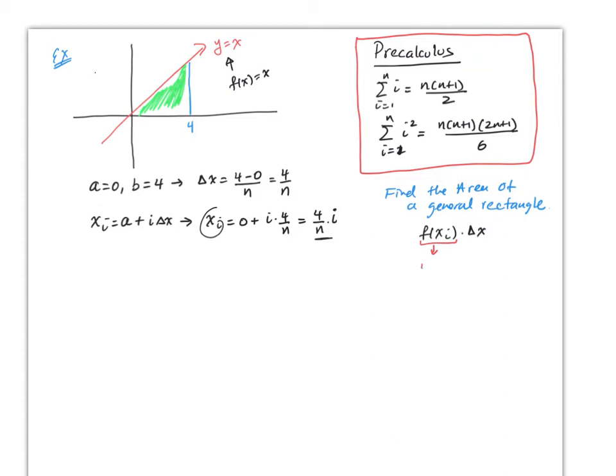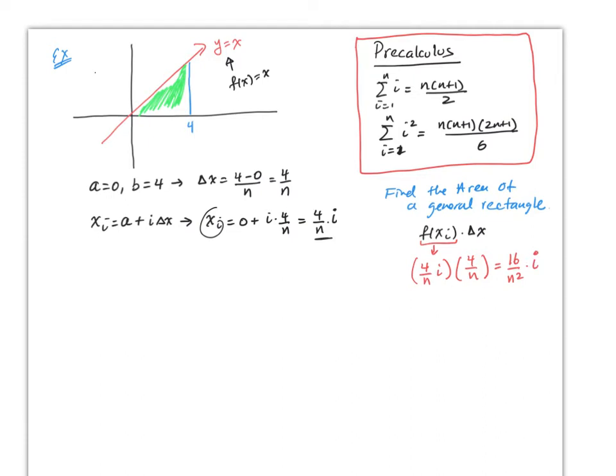It's going to be 4 over n i, so that's x, times delta x, which is 4 over n. And then you multiply, this is 16 over n squared times i.